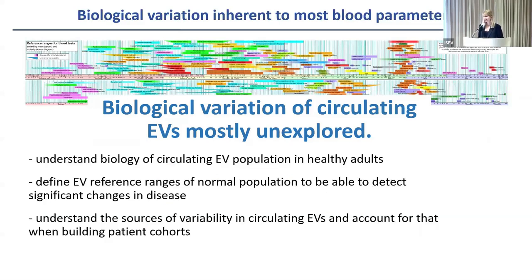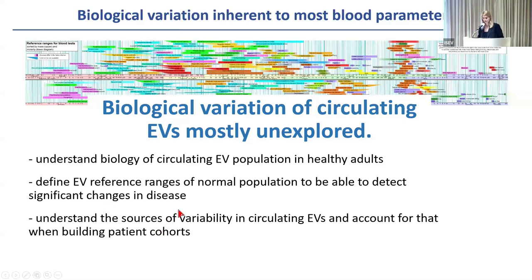And why is it important to better understand this biological variation? First, we want to understand the biology of circulating EVs better, which is fundamental knowledge we want to increase. But it's also important to define reference ranges for EVs in a normal or healthy population, so that it's much easier to detect what is significantly different in disease.